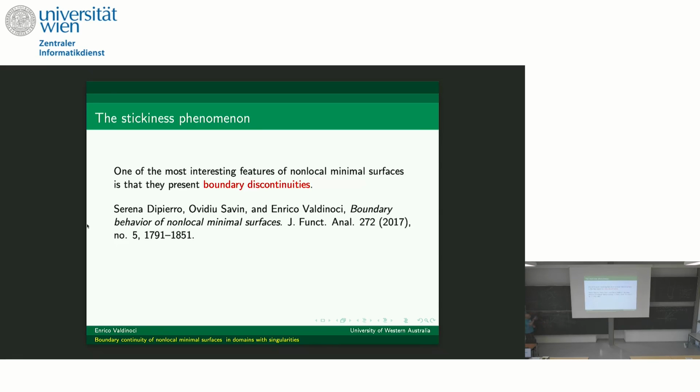So in a sense, this already says that there is something very technical that has to be adjusted because when you want to study the boundary behavior, you want to use some kind of maximum principle at the boundary where your equation fails. So you have to distinguish the points that you can reach from inside and the points that you cannot reach from inside. That will be an important difference.